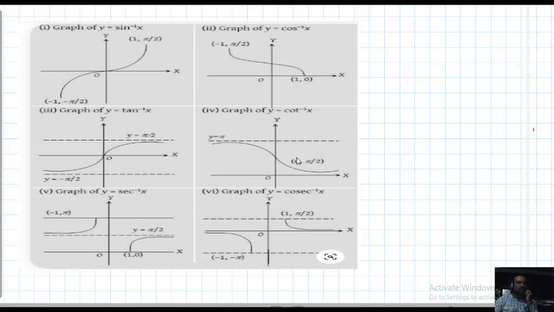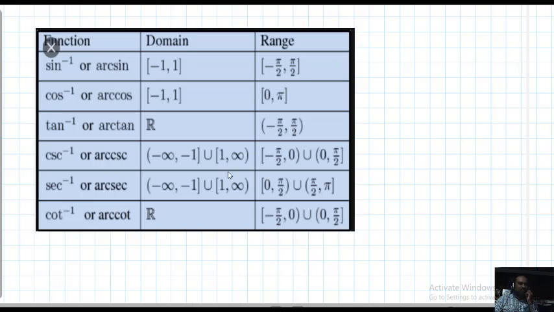Students, these are the graphs of all six standard inverse trigonometric ratios, and this box shows their domains and ranges. Everyone should remember them. You can solve problems based on this table. For sine inverse or arc sine function, the domain is minus 1 to 1. These two are easy. Tan domain or this is the range. Cosec inverse and sec inverse are the same here.